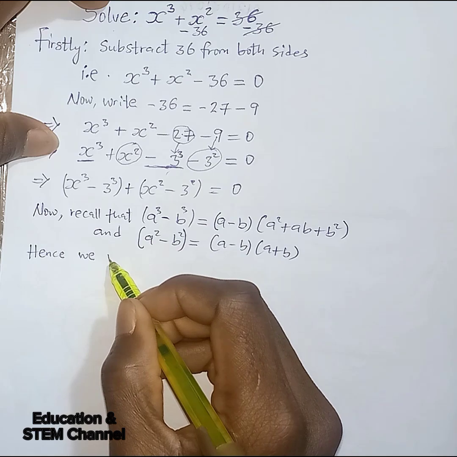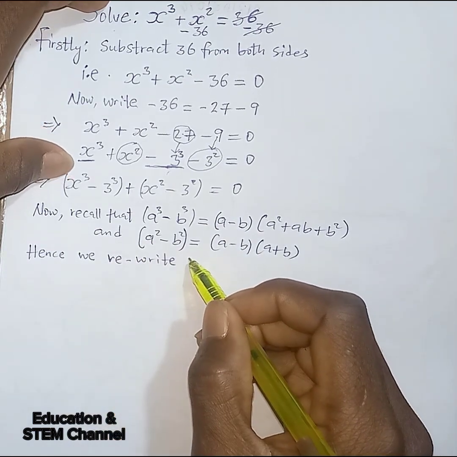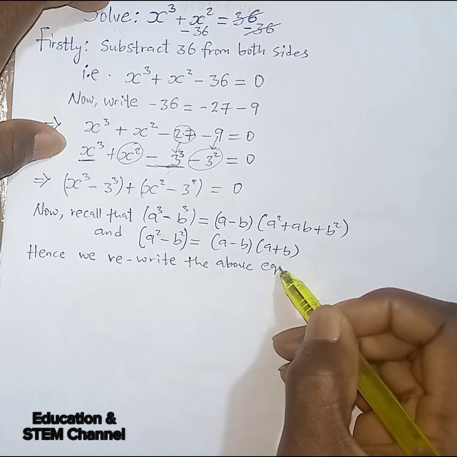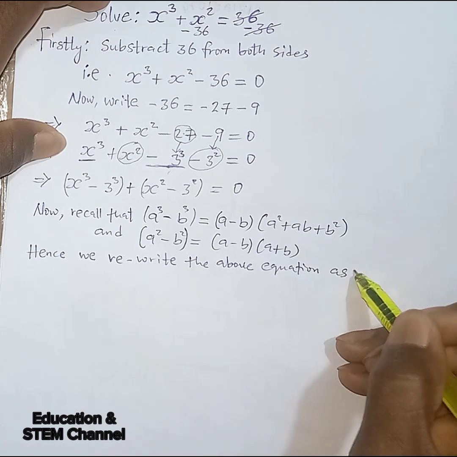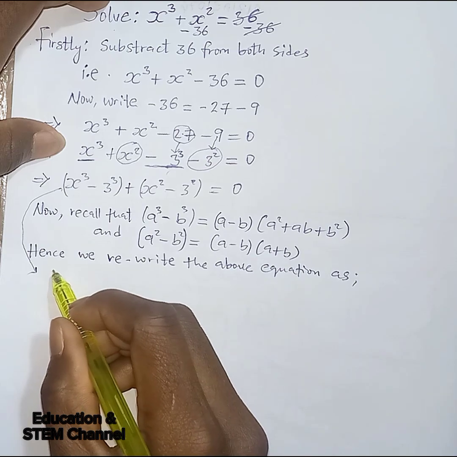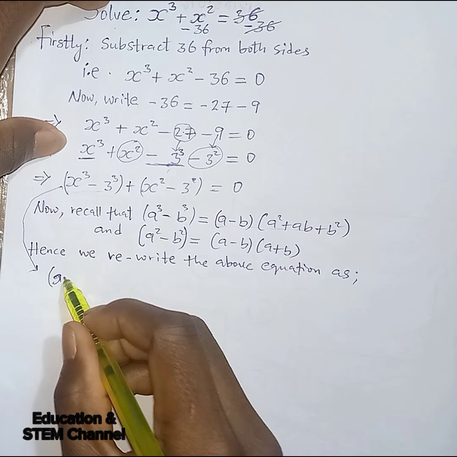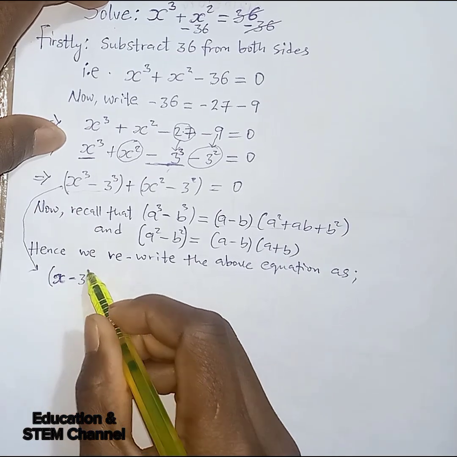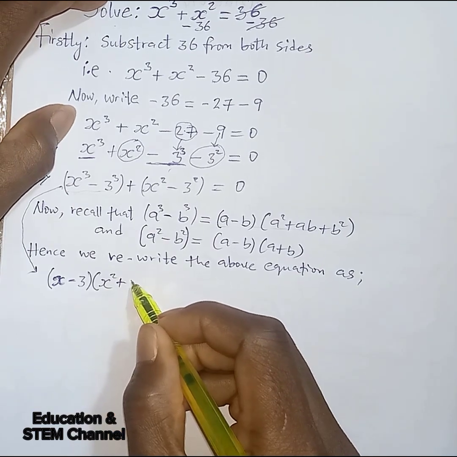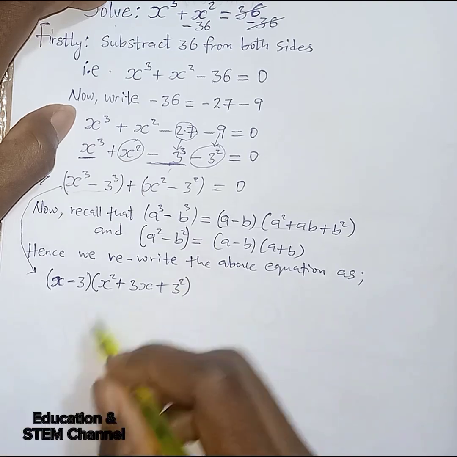Hence we are going to write this x cubed minus 3 cubed as x minus 3 into bracket x squared plus 3x plus 3 squared.